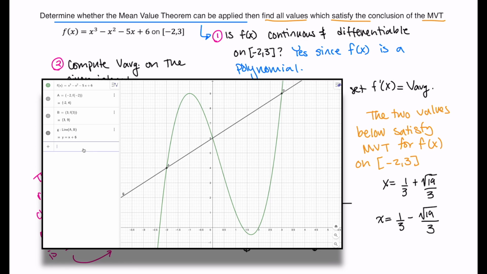So now let's take a look at the two values we found. So I'm going to say little c underscore 1. So c1 is equal to 1/3 plus the square root of 19 over 3. There we are. And c underscore 2 is equal to 1/3 minus the square root of 19 over 3.